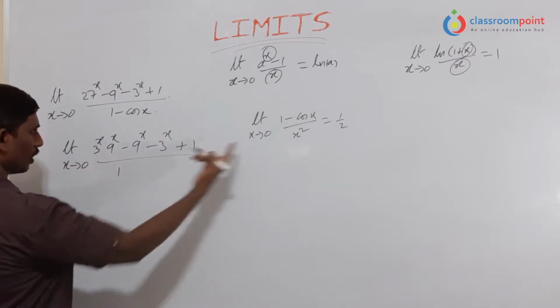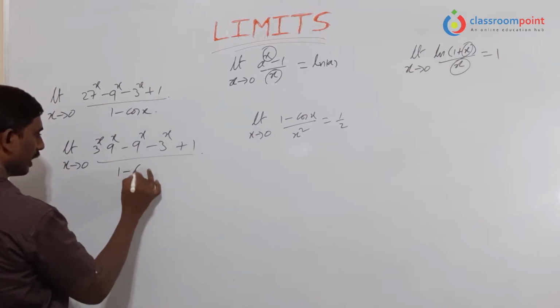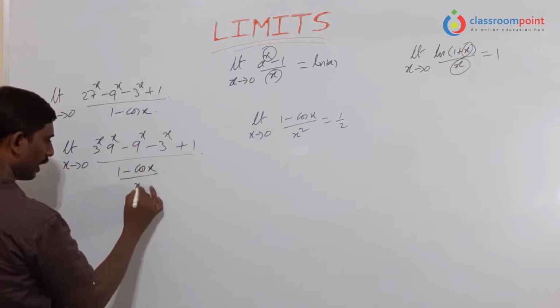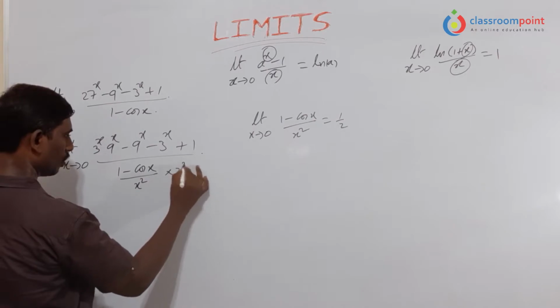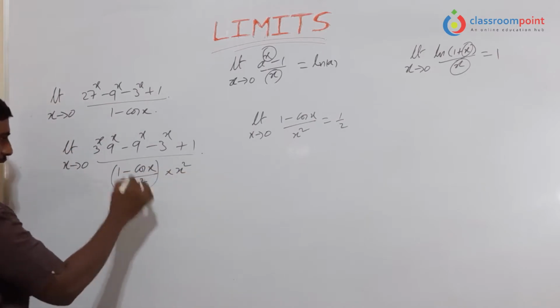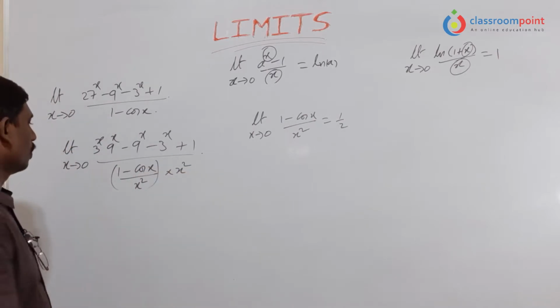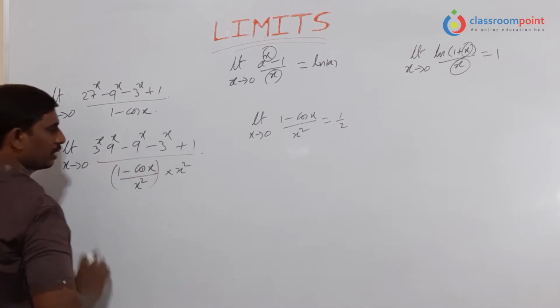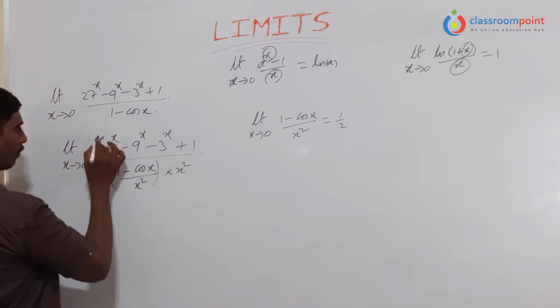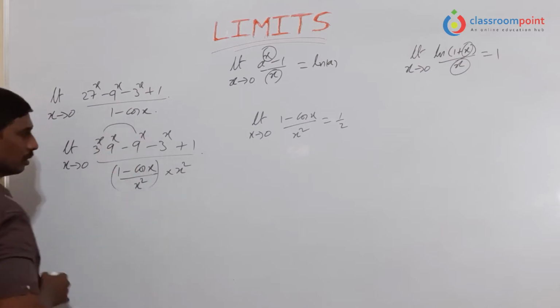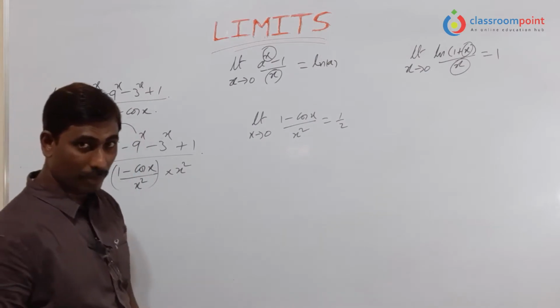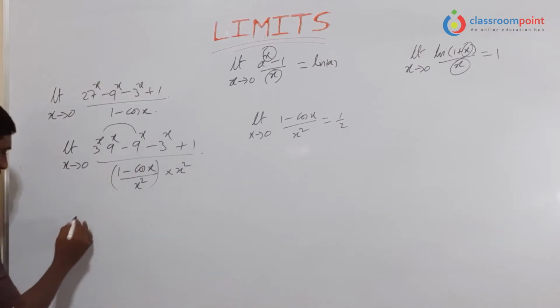Now I'll take this one. 1 minus cos x we already have, by x square we don't have, so multiply and divide with x square. Now this is totally 1 by 2. Here what we'll do? From these two, take 9 power x common. Then what we get?